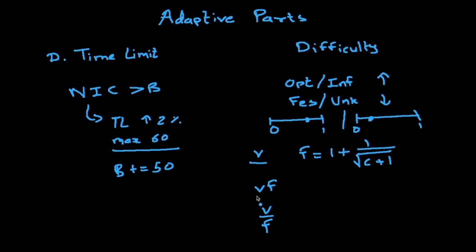Notice that this out of bound problem is only here: if we multiply this v by this f, then it is possible that it will cross this one bound. But if we are trying to decrease it by dividing by this factor f, then it is never going to go below 0.